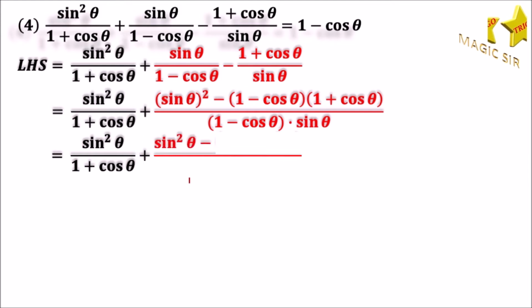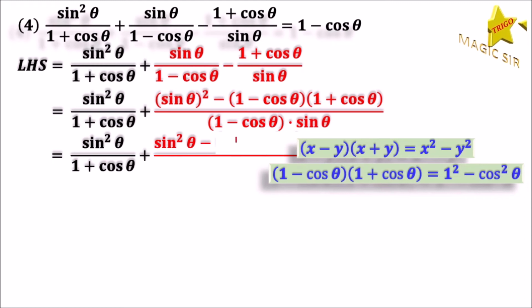We can write sin square theta in the place of sin theta whole square. In the second fraction, apply the formula of x minus y into x plus y is equal to x square minus y square. Let us suppose x equal to 1 and y equal to cos theta.